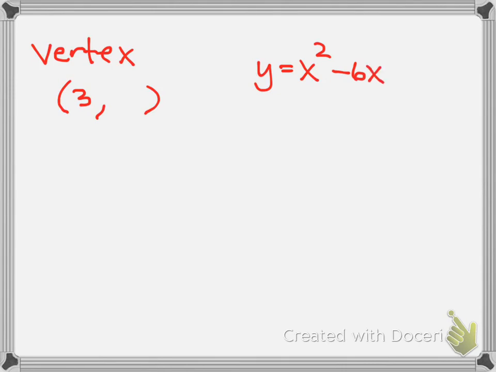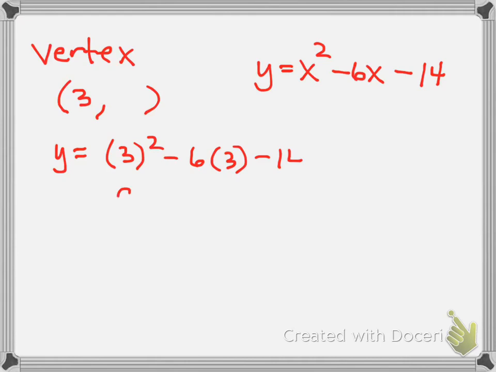If you have a value for x, to get a value for y, you just plug the x in. So you get 9 minus 18 minus 14. And 9 minus 18 is negative 9, minus 14 would be negative 23.